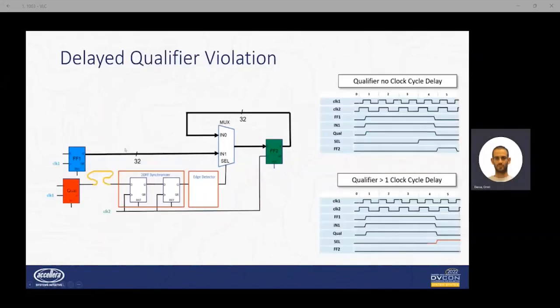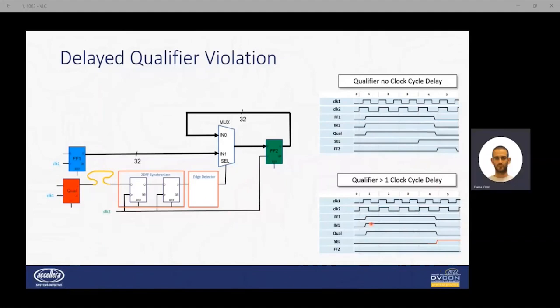The third issue is a delayed qualifier violation. Let's assume that all the data arrives together with the same skew, but if the qualifier will be late, we might change the data again before sampling the current data. So you can see here that we are trying to send some data from number 1.